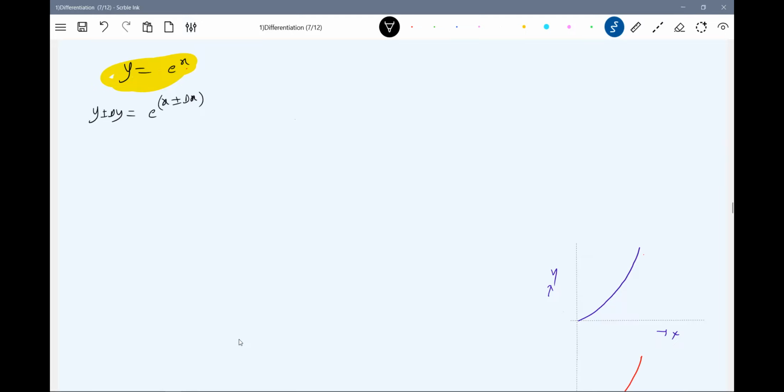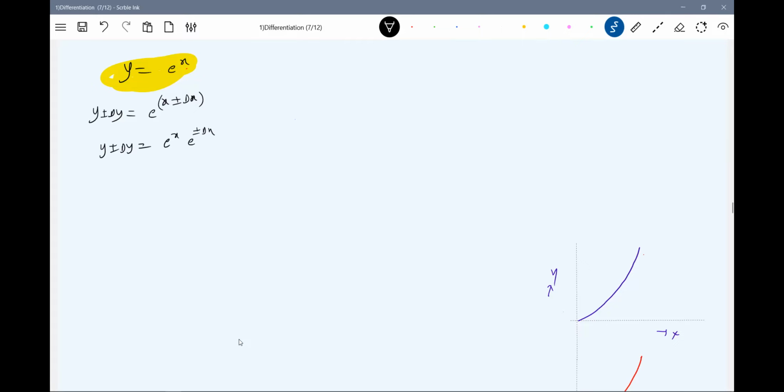We'll go for the similar method of solving. So earlier this is exponential. What we do is, the exponential we'll write it as e to power of x, e to power of delta x.